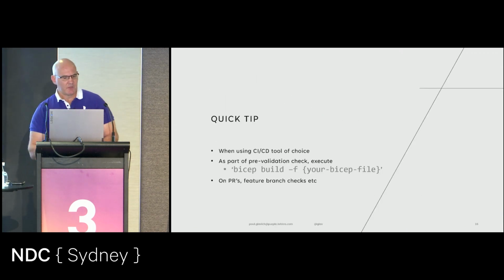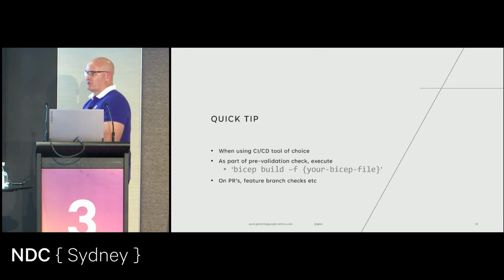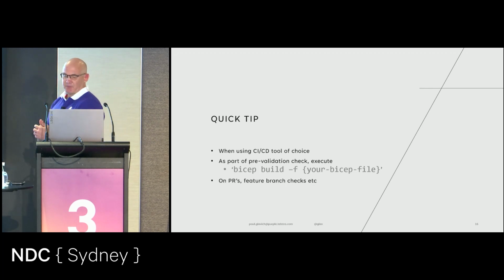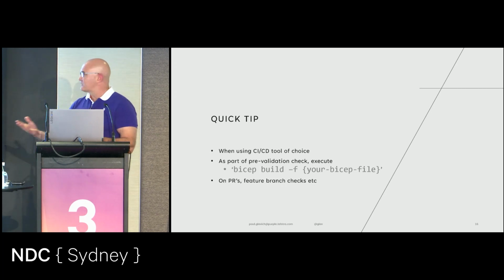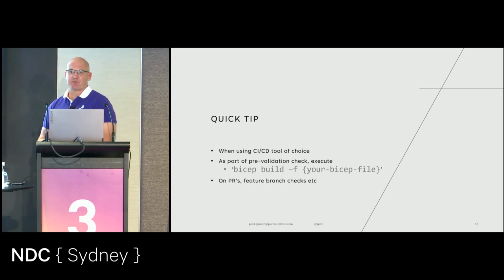Okay. So we just did a build or a compile of a Bicep template. One of the things that I like to do in my CI/CD pipelines is that prior to deployment is do exactly that, do a build of your Bicep file, and it will error out if it's invalid.